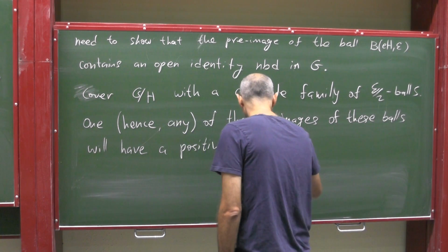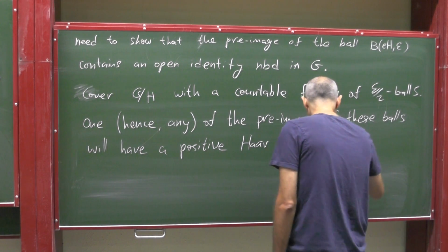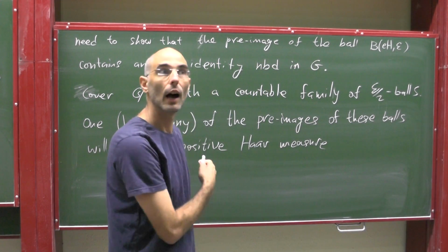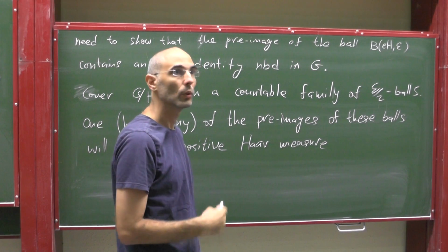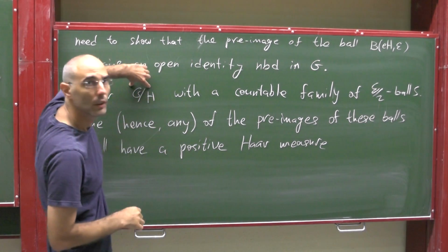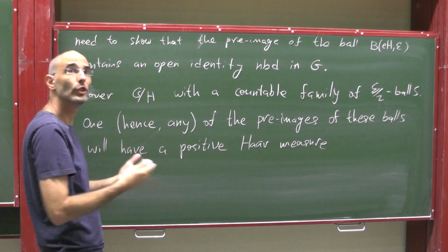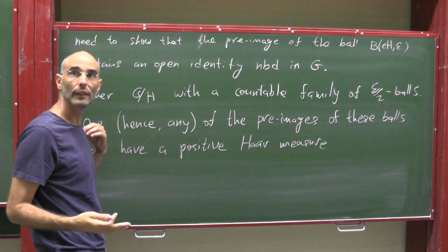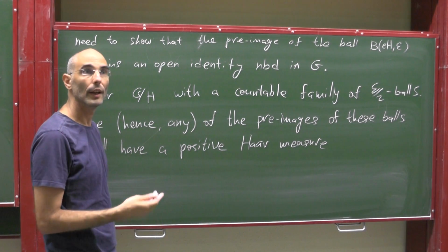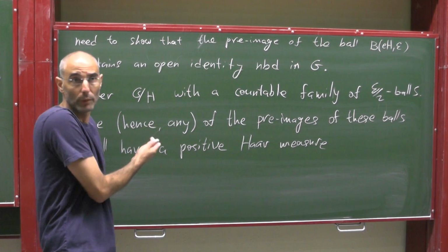Now I'm talking about G. The pre-images of this countable family cover G. Consider the Haar measure of G. I'm not working with the Haar measure on this closed space. I don't know if there is an invariant measure here. I'm working in G. I have a countable family that covers, and one of these will have positive measure, but they are all translates of each other because the metric is invariant.